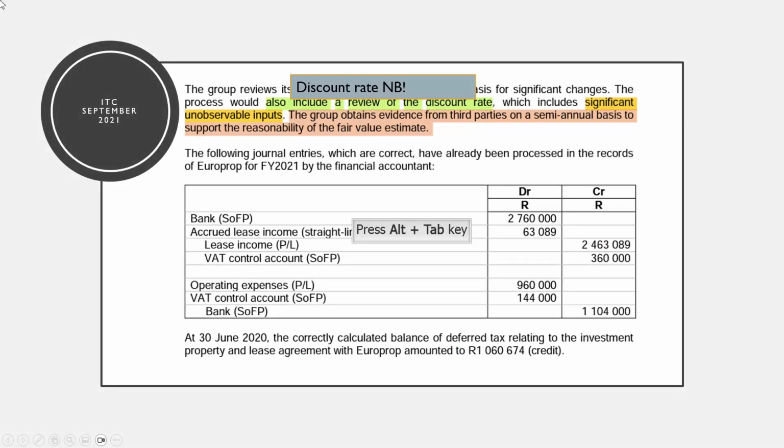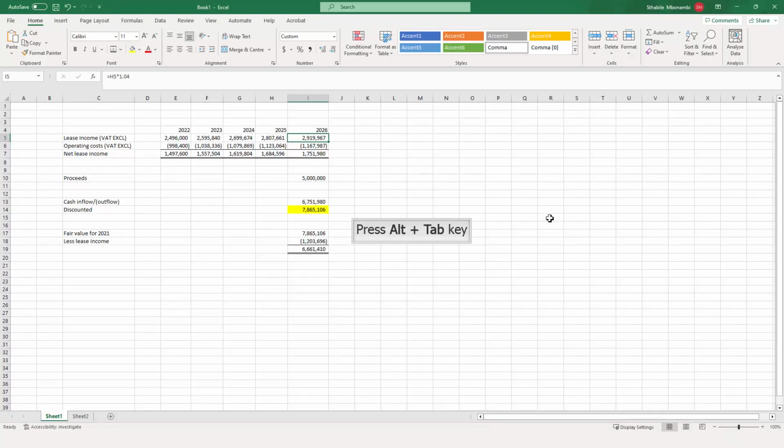Remember, the lease was from 2021 until 2026, but we already have the fair value for 2020. So we are trying to calculate it as at 30 June 2021. So that's for the 5 years. So then the operating costs, as I said, we already had them.